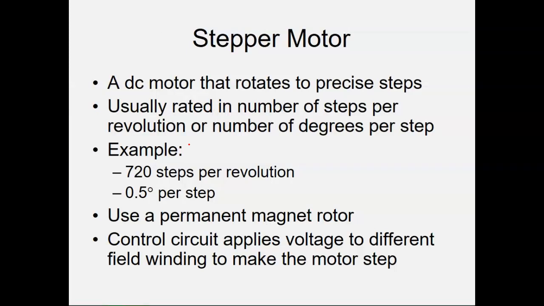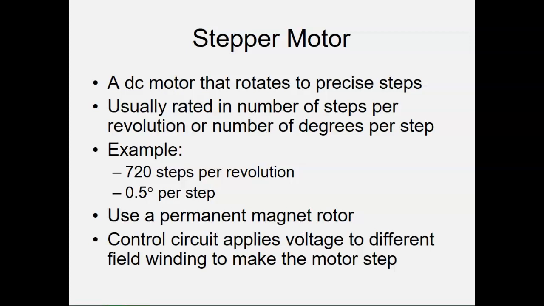So stepper motors, and again, I'm going to see if I can find one here in just a little bit. They're actually quite interesting little motors. It rotates in very precise steps and is rated in the number of steps per revolution or number of degrees per step. They use a permanent magnet rotor and control circuit. The control circuit applies voltage to make the motor step.